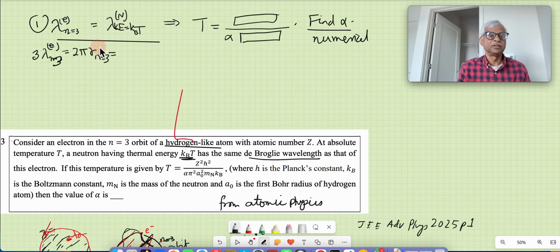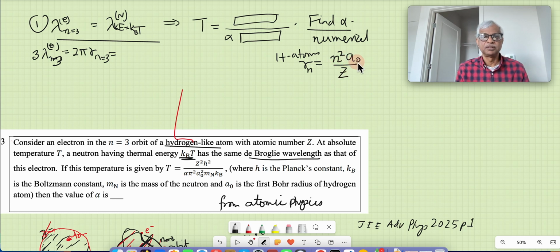And 2 pi rn is going to be with n equals 3. Another formula you might remember, rn of hydrogen-like atoms, rn is n square a0 over Z. a0 is the radius of the first Bohr orbit of the hydrogen atom.